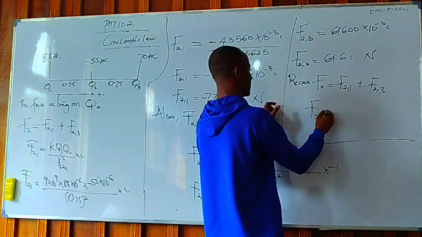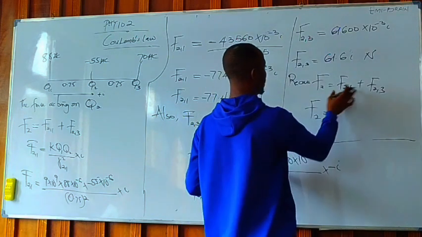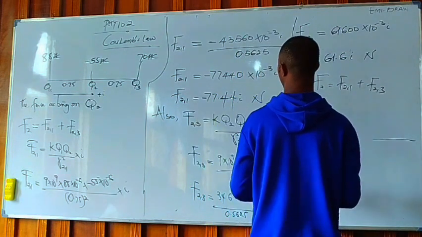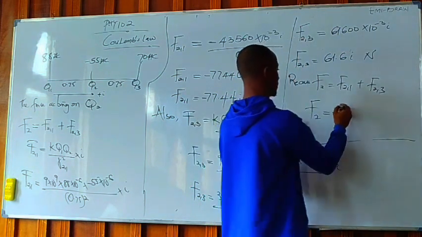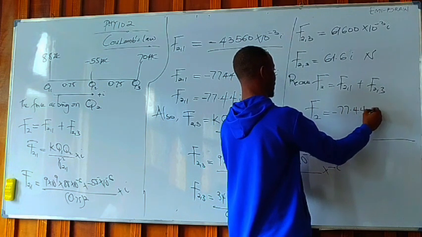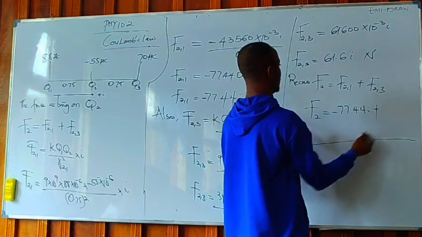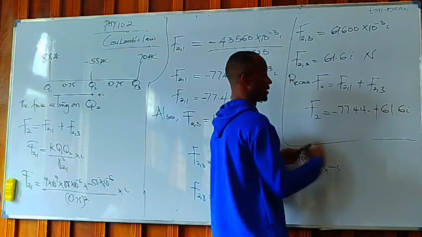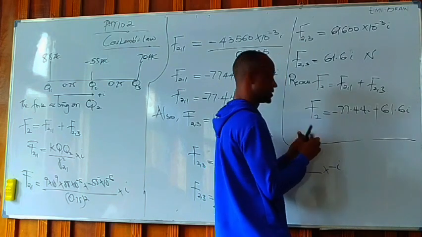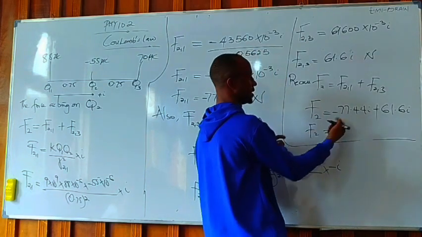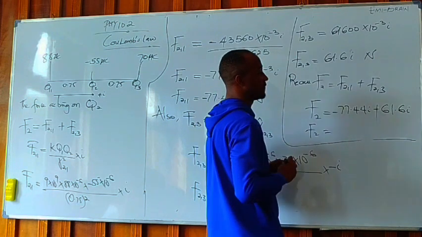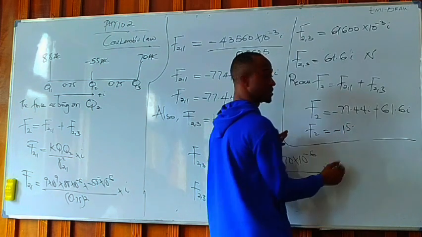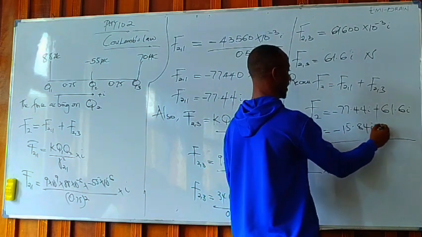So our F2, the force acting on charge 2: what's our F21? Minus 77.44 i, plus what's our F23? 61.6 i. Are they like terms? We have i, right? They can be added, right? So what's our F2? Minus 77.44 plus 61.6 is minus 15.84 i newtons.